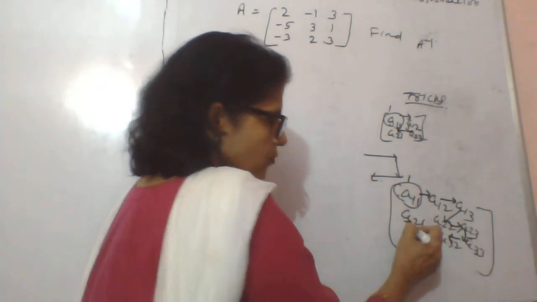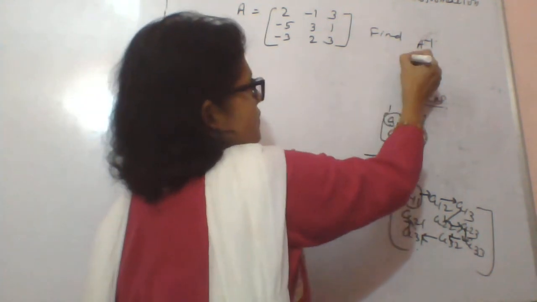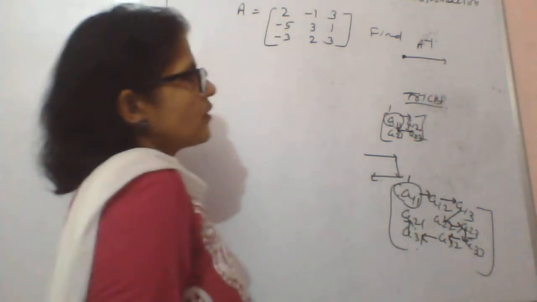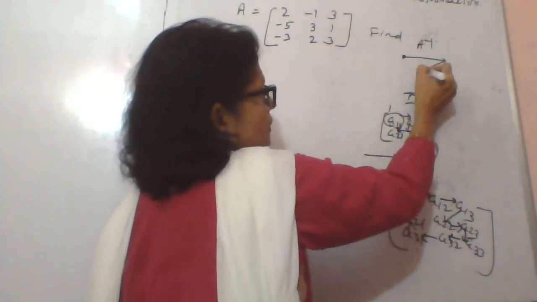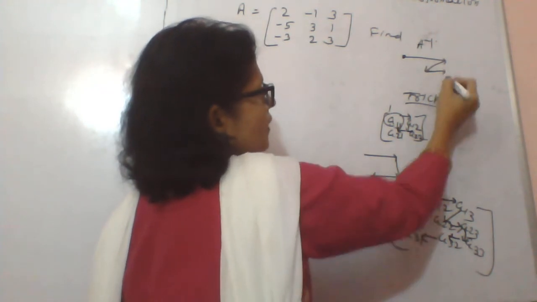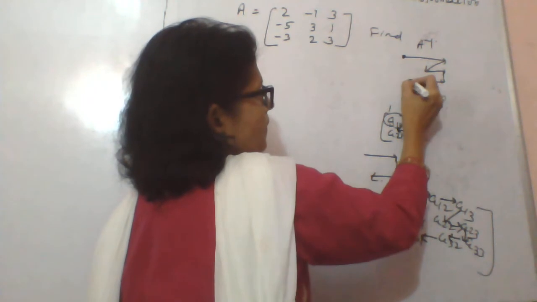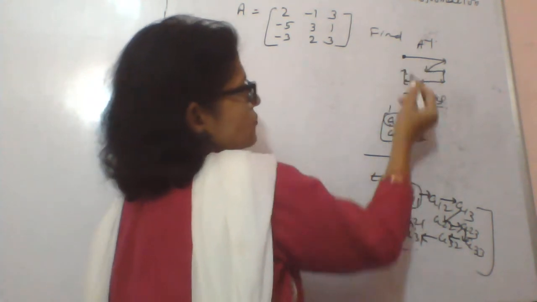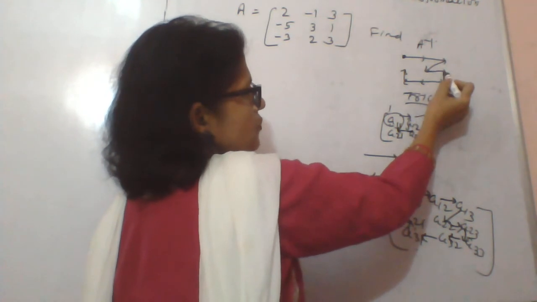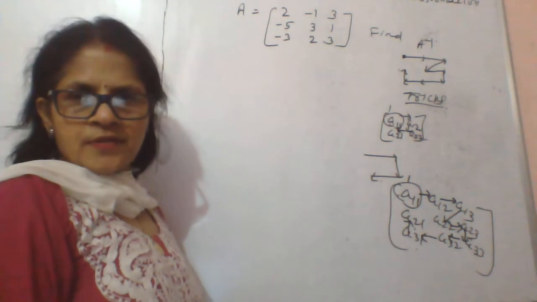So follow the arrow mark. We start from A11, cover the entire row, then the A22 position, then we go like this, so 1, 0, 0, 1, 0, 1, 0, 0, 0. So this is the path.